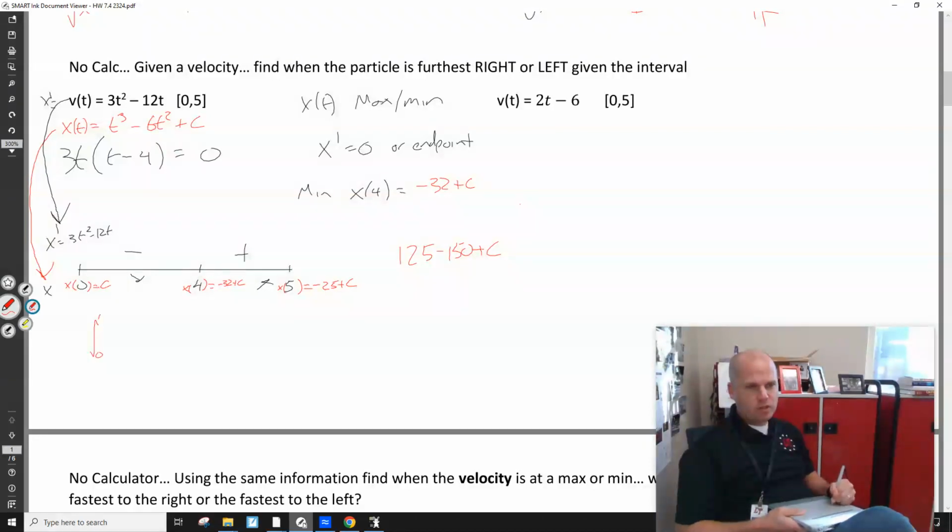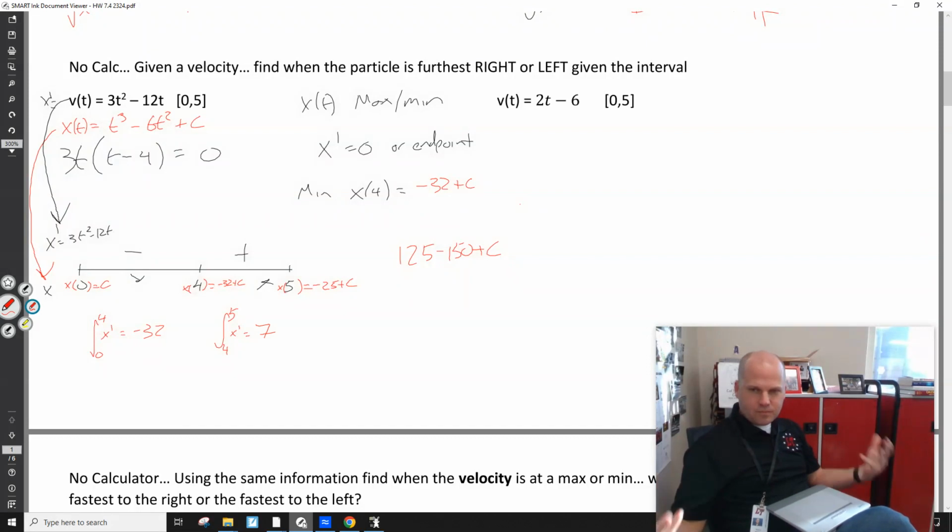my justification probably will reference my accumulation from 0 to 4 being negative 32, and then my accumulation of my derivative from 4 to 5 being 7. And you could say, therefore, my position at 0 must be greater than my position at 5.